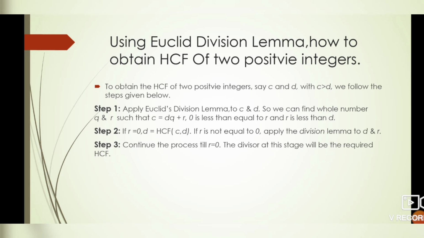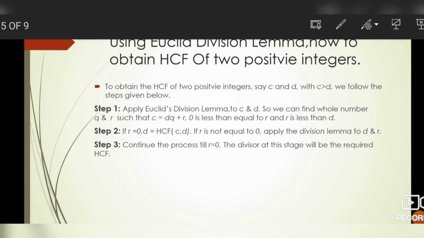Now, we can use Euclid's division lemma to find the HCF of any two positive integers. There will be a series of steps, usually these three steps. The first step is, suppose the numbers are c and d.